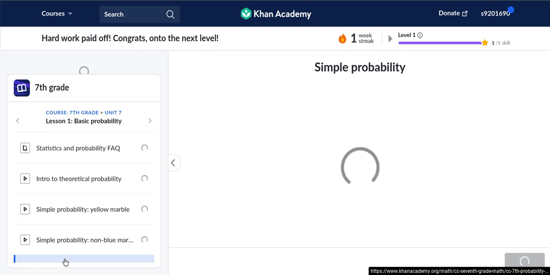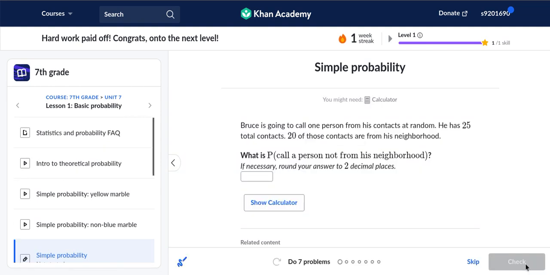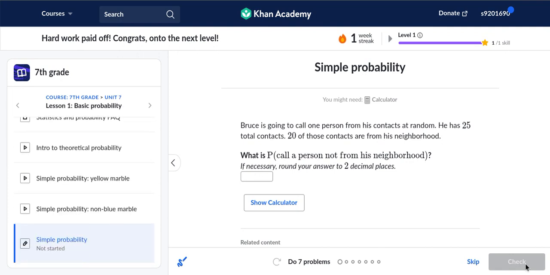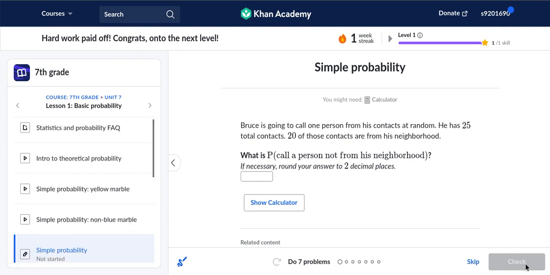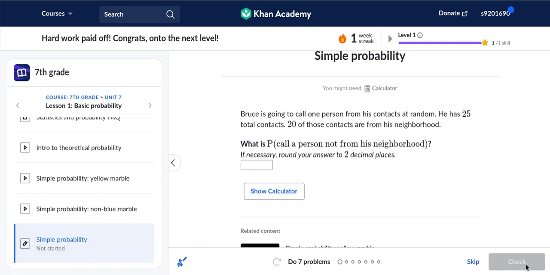Probability is the hardest one to do, because there's one called theoretical probability and experimental probability. Those ones are very hard. So anyways, you might need a calculator for this, so you can grab a calculator.